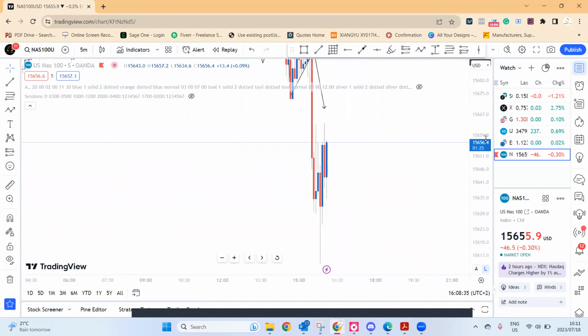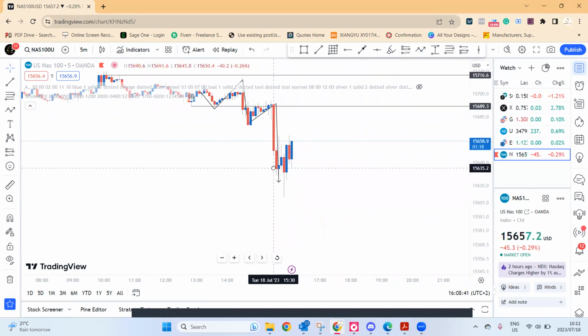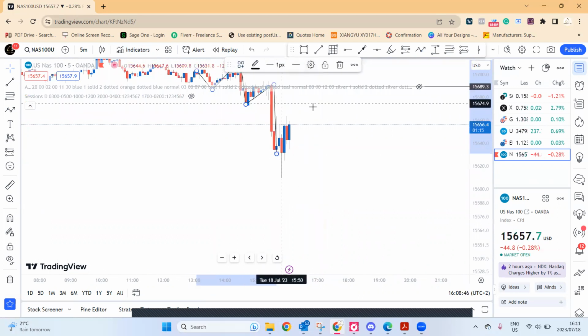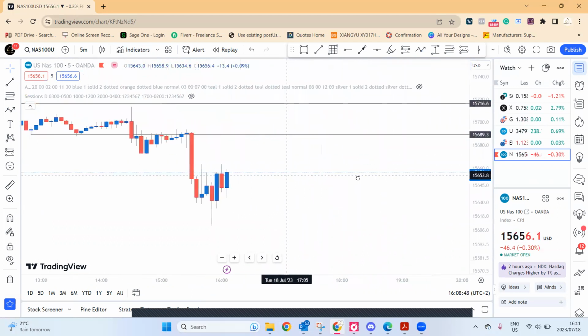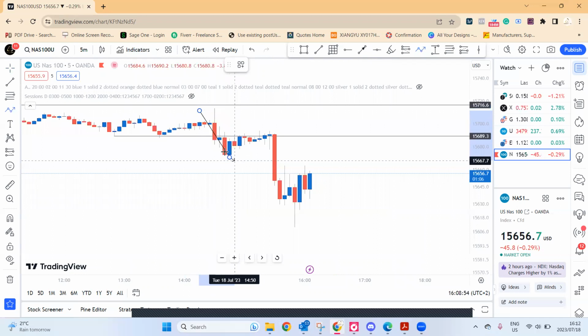Let's see, maybe it might actually change character now. This was the last low point here. If I'm looking for change of character, I want to determine the waves. From this high to this low, that's the range.